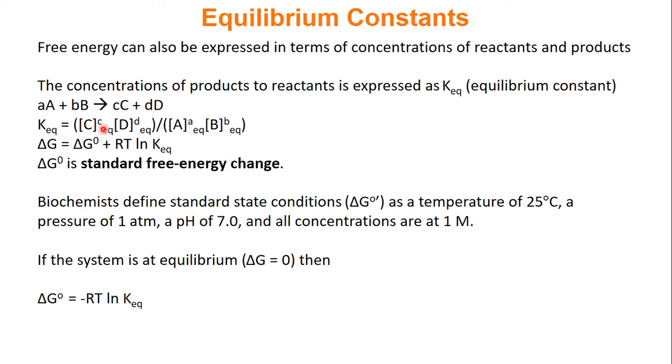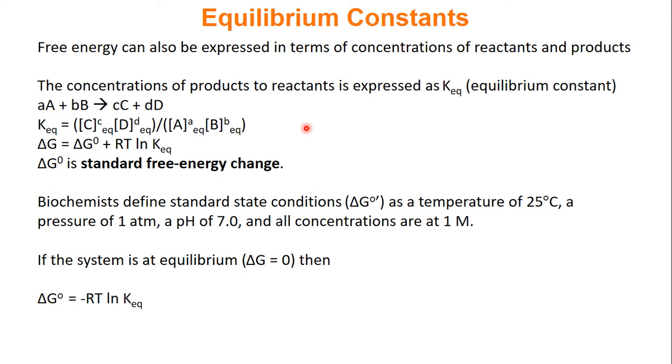And you notice that for the products and reactants, we raise our concentration to their number of moles in the reaction, their stoichiometric coefficient. So, for example, if little c here was 2, we would square the concentration of C.